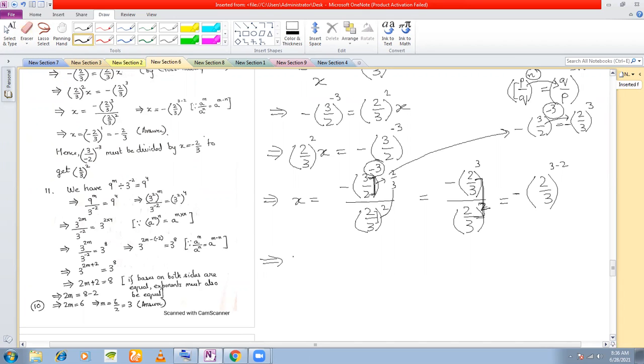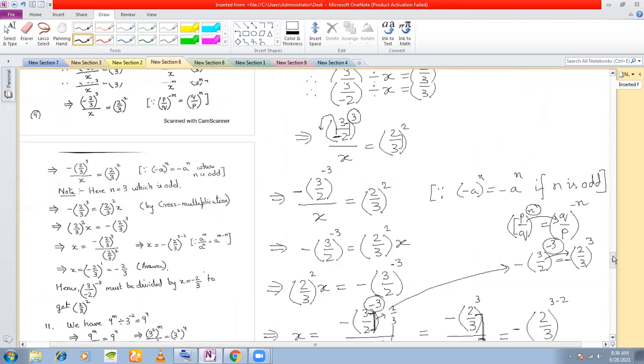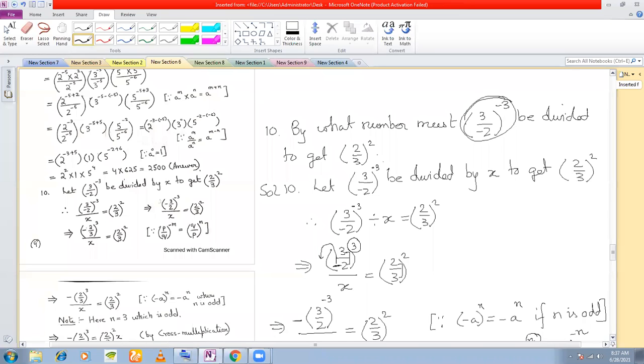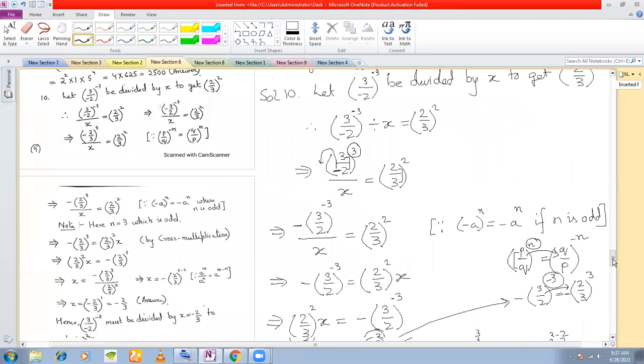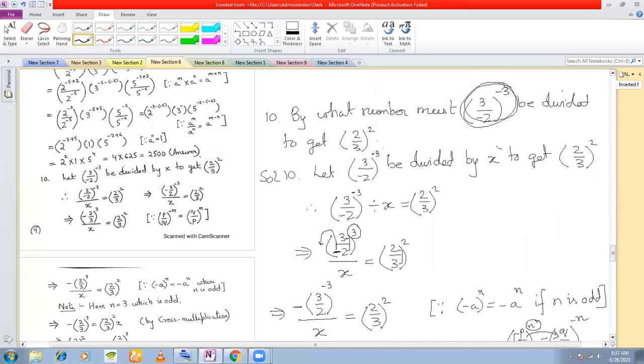That means x is equal to minus 2 by 3 to the power of 1, which means x is equal to minus 2 by 3. So that we have found. So what was the question? The question was, by what number must this be divided, right? So by what number should it be divided? We have taken the number to be x.